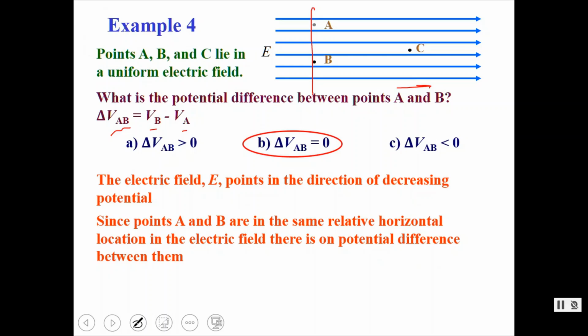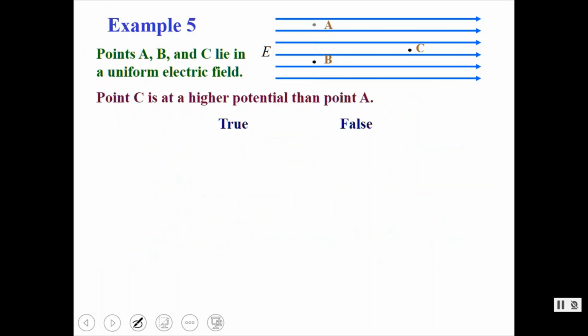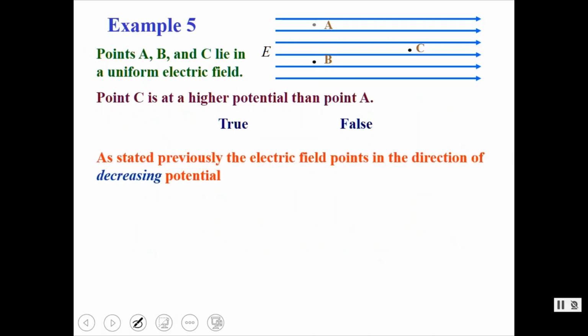Ta-da! So you should have been able to answer that question based on the electric field maps that we've done before. That was kind of our goal. All right, here's another one. Try this question. All right, so the electric field points in the direction of decreasing potential.